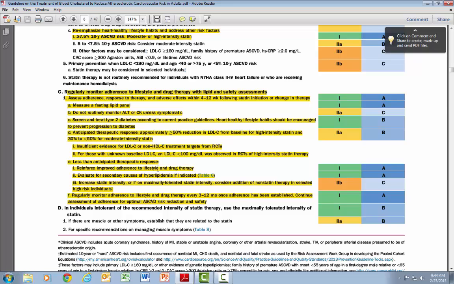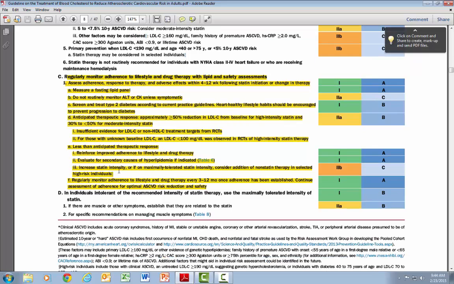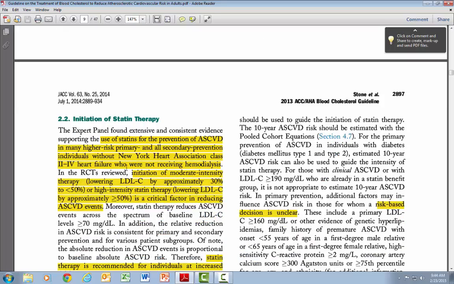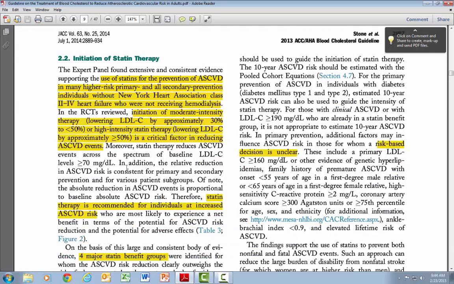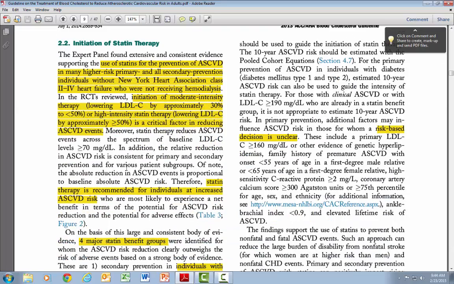Reinforce adherence to lifestyle modifications, evaluate any secondary causes of hyperlipidemia, and increase the statins, okay, when the patients are maximally tolerating the moderate in selected high-risk individuals. But again, remember that this guideline favors the fixed dose instead of titrating up or down.